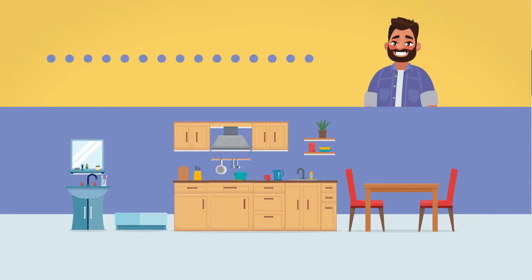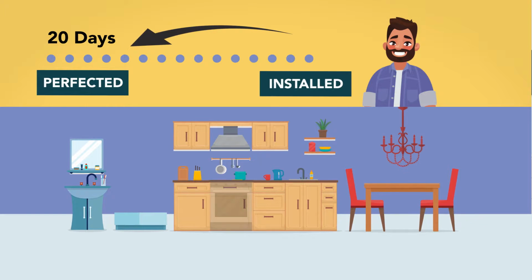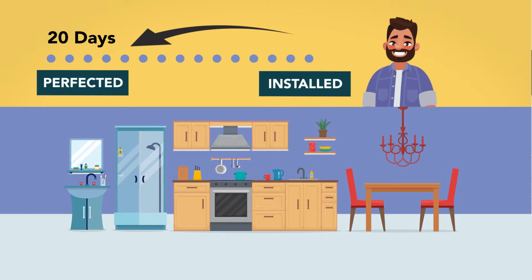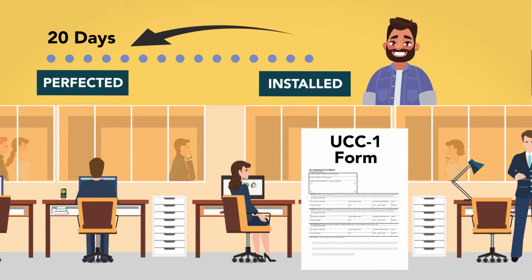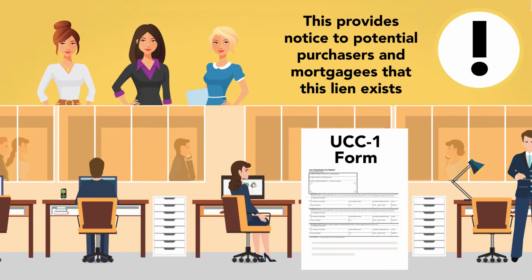A fixture lender should act to perfect its security interest within 20 days of the goods being installed. Perfection of fixtures is accomplished by filing a UCC-1 in the Land Records Office where the relevant real property is located. This provides notice to potential purchasers and mortgagees that this lien exists.